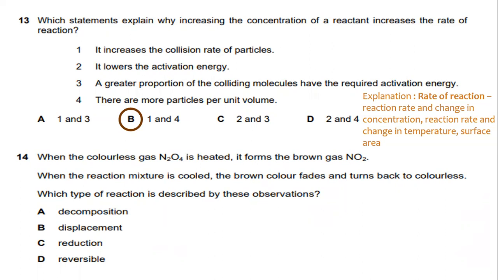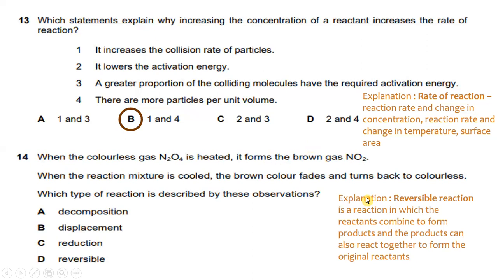When the colorless gas N2O4 is heated, it forms the brown gas NO2. When the reaction mixture is cooled, the brown color fades and turns back to colorless. Which type of reaction is described by this observation? This is about a reversible reaction.